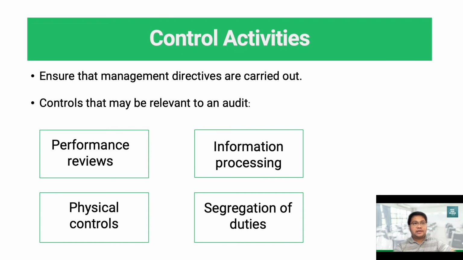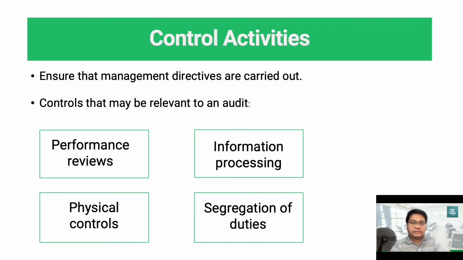That is why, as part of the internal control of the client, normally with respect to custody of resources such as funds or cash, that would be the responsibility of the treasury department. Okay, while the official records are being maintained by a separate department, the recording department or the accounting department.